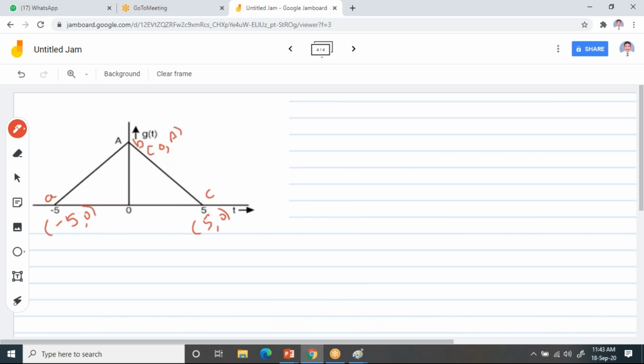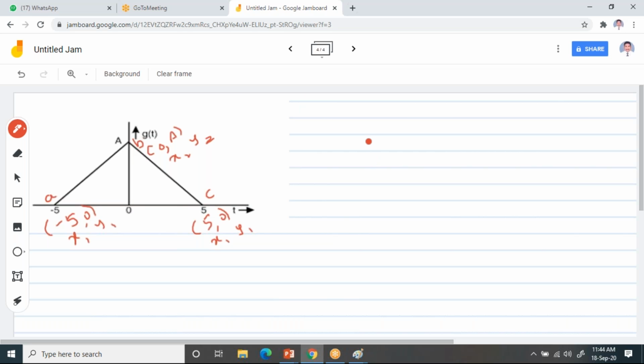Now you represent the points as x1, y1, x2, y2, and x3, y3. Or you can also write x1, y1 for the time being. When I write the equation of AB, you need to consider these two points. When you consider the equation for BC, you need to consider these two points.